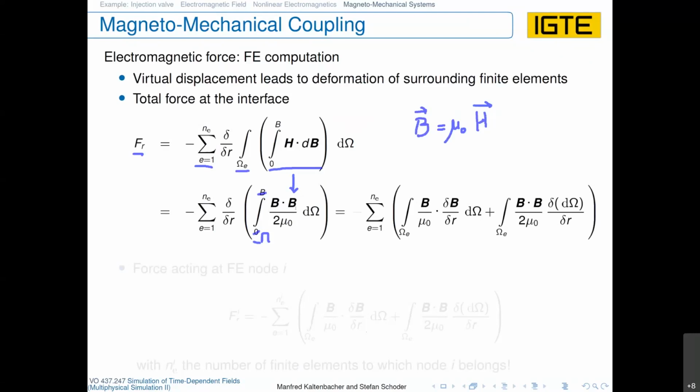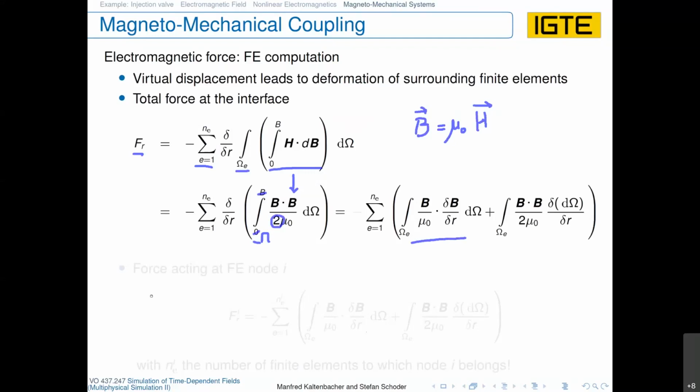So when we do such a variation, it is nothing else than 2 times B dot product with the variation of B. The 1/2 cancels out, therefore within this term you don't see the 1/2. And in this part, we have the variation of the volume itself.